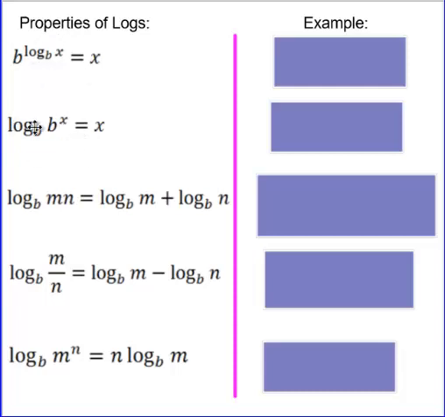So this is one of the main properties that allow us to do that: the idea that logs and exponential equations are inverses of each other, so they undo each other. So here I have an exponential, b raised to the log base b of x. Since the exponential part and the log part are inverses of each other, it gives us just the argument x as our answer.